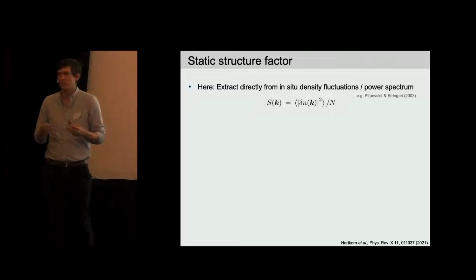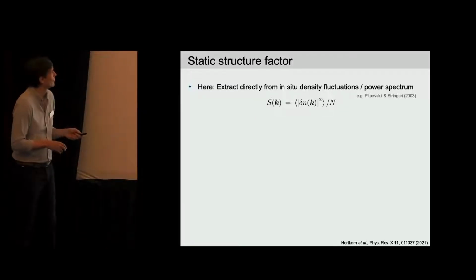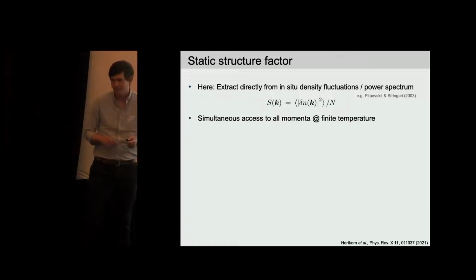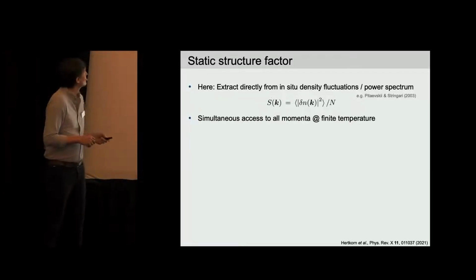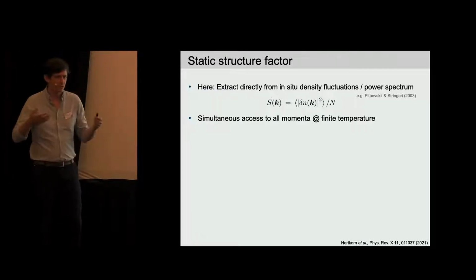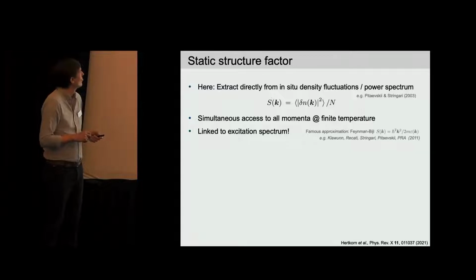So you take the in situ density fluctuations, turn it into the power spectrum, and that basically is the same as the static structure factor. Now, that's very nice because it gives us simultaneous access to all momenta. We don't have to tune any laser beams. And it's directly linked also to the excitation spectrum.